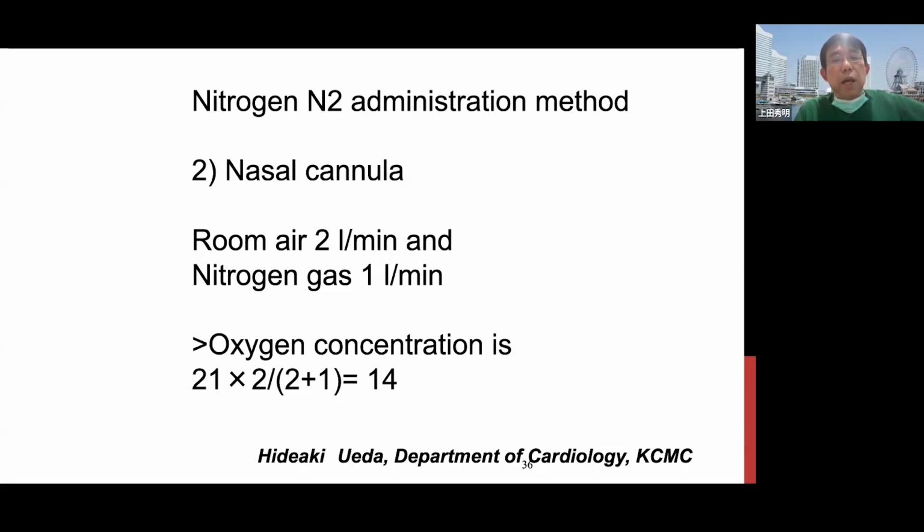Please do not use 8% oxygen, because that means you have brought the patient to the Himalaya mountains. 8% is only for the Himalaya mountains, so it is very dangerous.